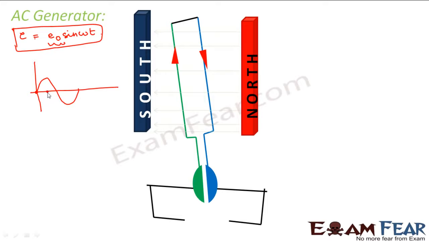When omega t is equal to 90, it is E naught. If you take the EMF along the y-axis and omega t along the x-axis, then when omega t is 0, EMF is 0. When omega t is 90, EMF is E naught. When omega t is 180, EMF is again 0. When omega t is 270, it is minus E naught, and so on.